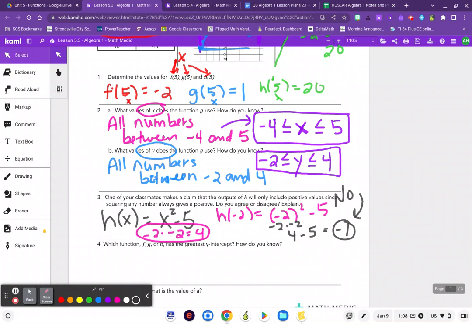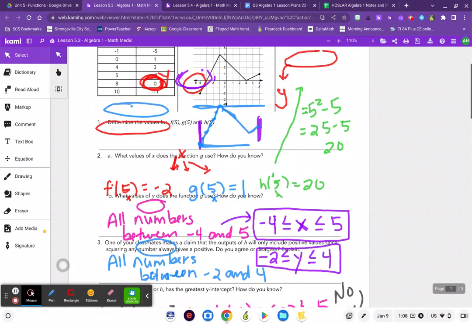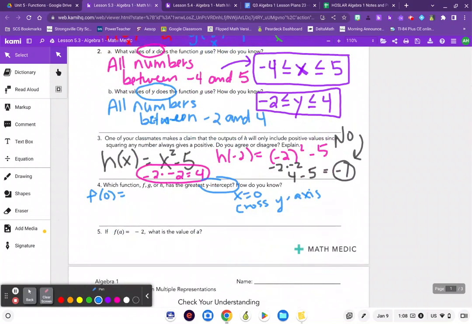Which function after your h has the greatest y-intercept? So again, I'm making a note to myself. Y-intercept occurs when the x value is 0, or when you cross the y-axis. And so I'm looking for when f of 0 is equal to, and if I go back up to my table, f of 0 is 1. I'm looking at g of 0.